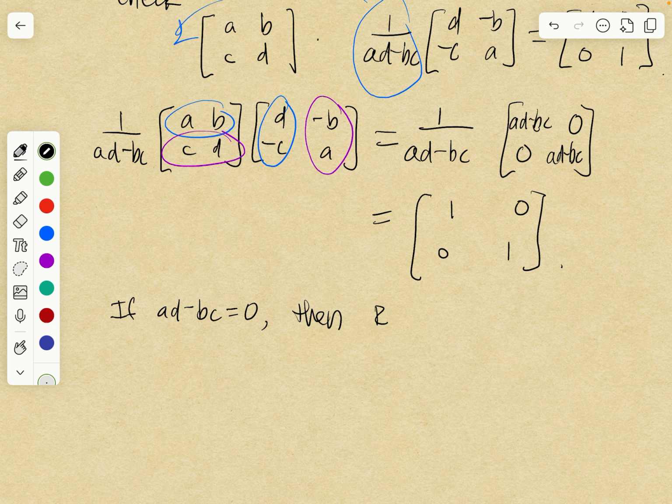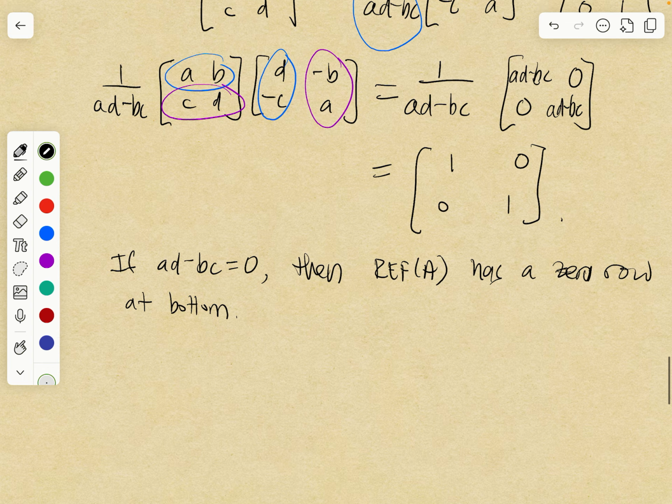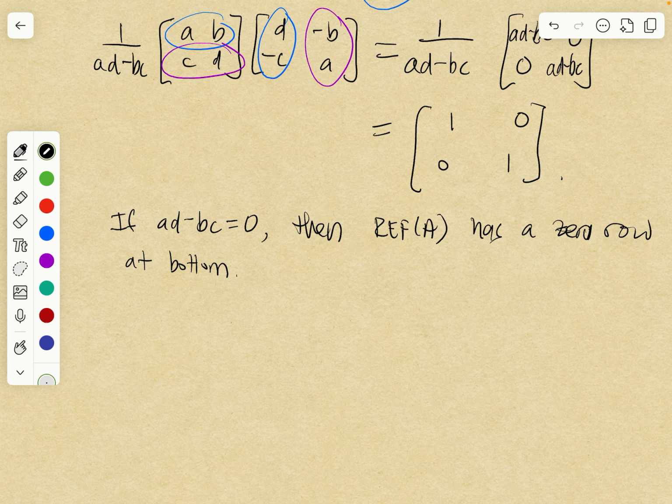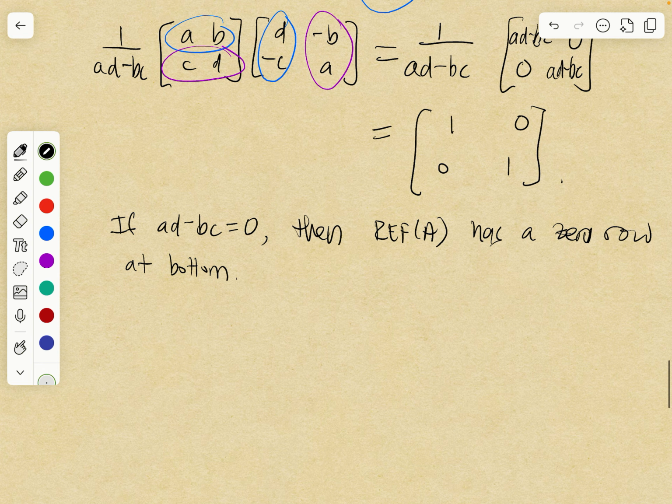But then the echelon form of A will have a 0 row at the bottom, so you don't get the identity matrix.